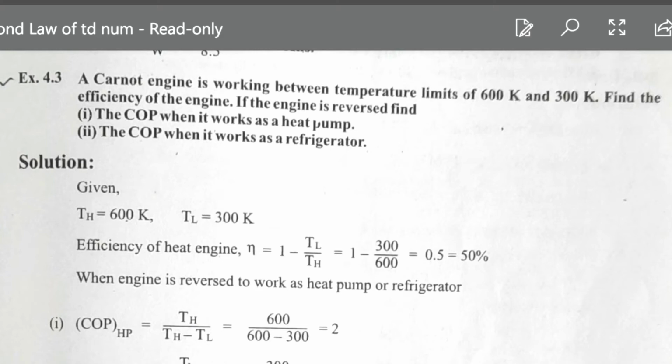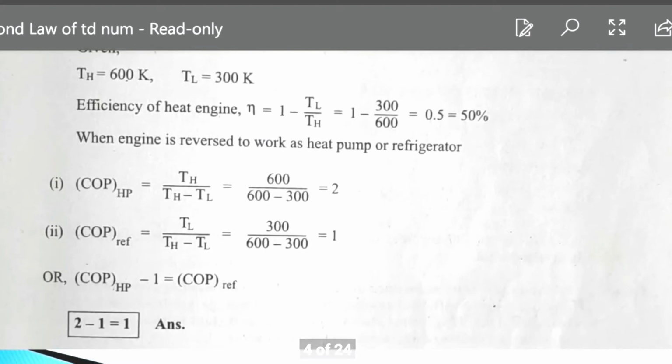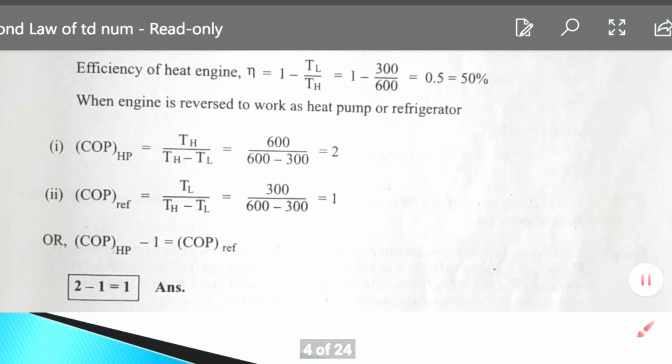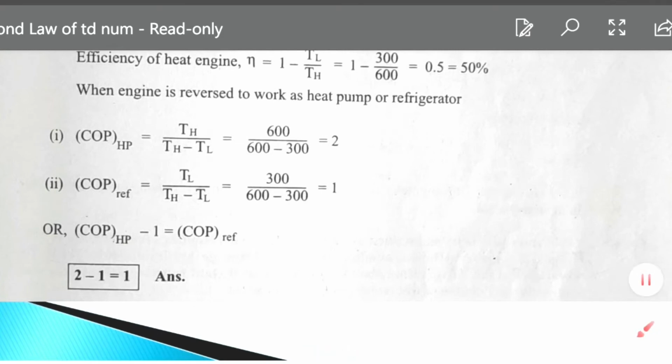Now the given condition is, if the engine is reversed to work as a heat pump or refrigerator, find the COP of the heat pump and the COP of the refrigerator. The COP of the heat pump is TH divided by TH minus TL. The value of TH is 600 and the value of TL is 300.